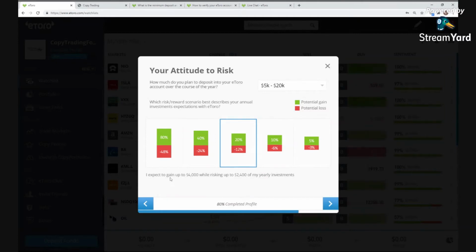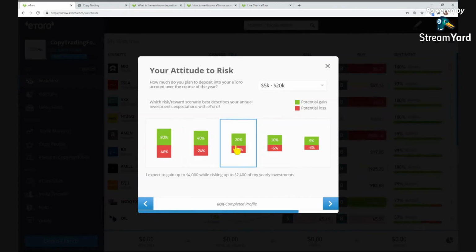It says I expect to gain up to 4,000 while risking 2,400 of my yearly investment. So over the 5,000, that's how much I expect to gain up to 4,000 while risking 2,400 of my yearly investment.